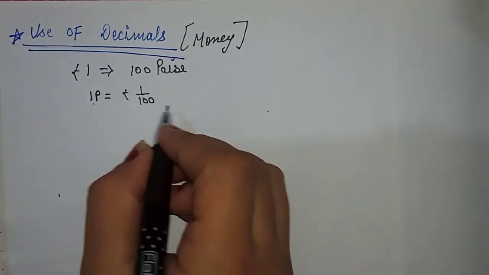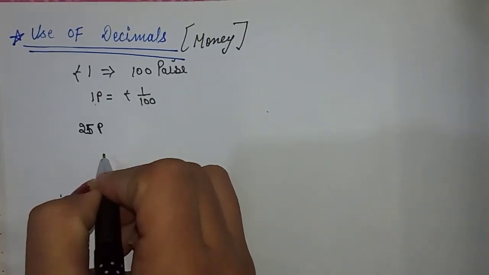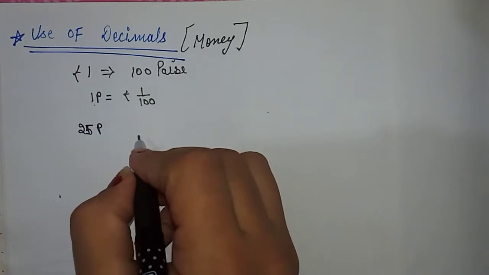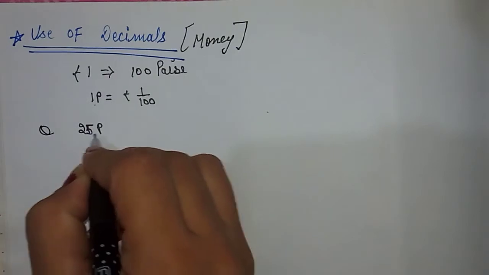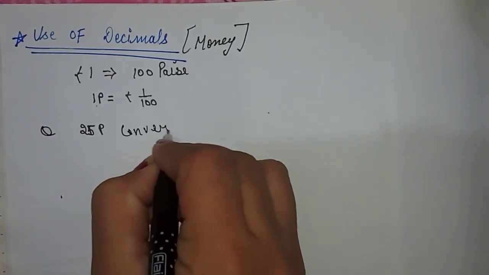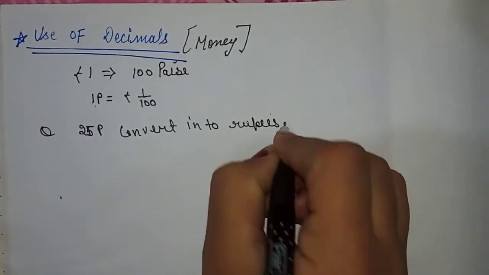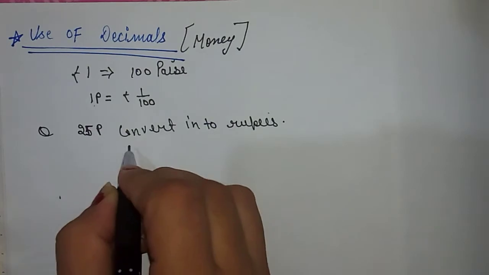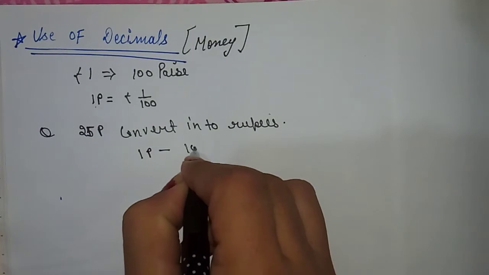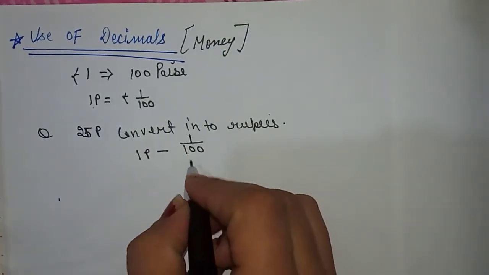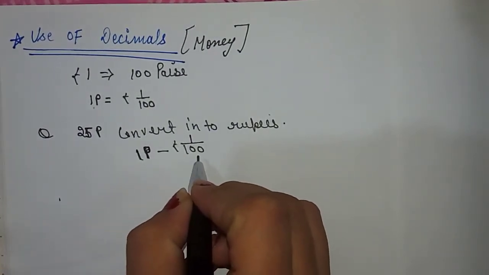Now if you are given 25 paise, and you have to convert it into rupees, the question is: 25 paise convert into rupees. So how will we do it? First of all we write: in 1 paisa there are 1 upon 100 rupees.